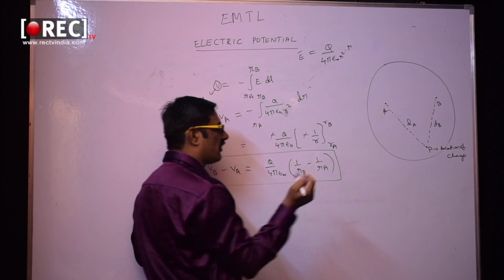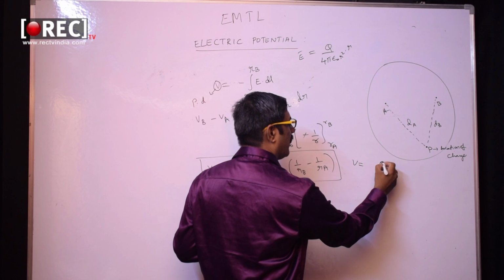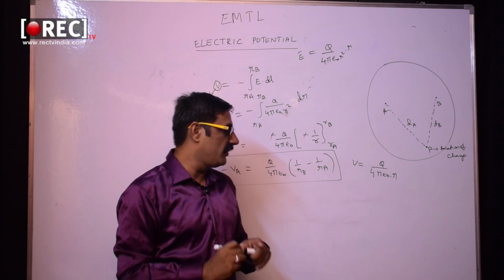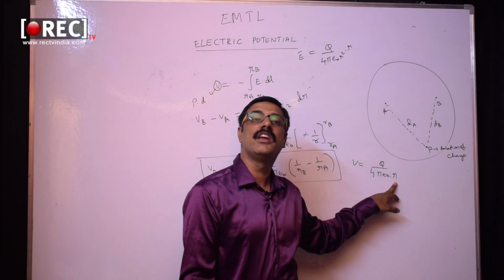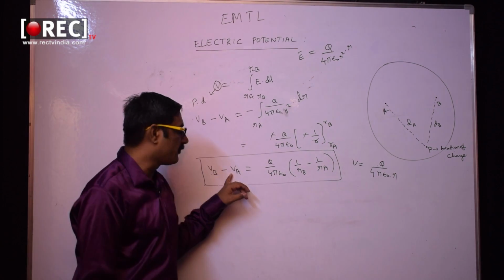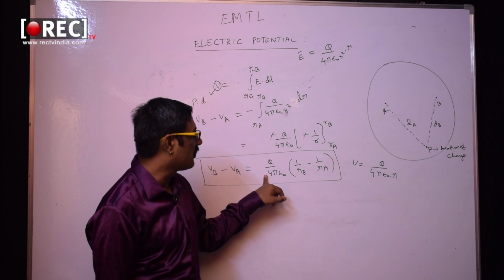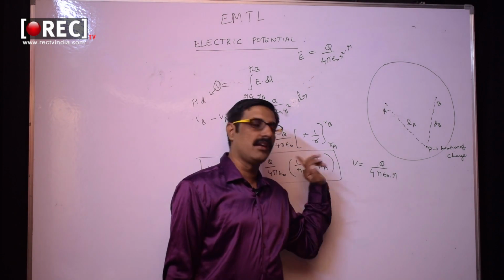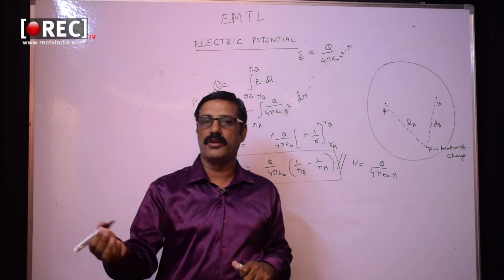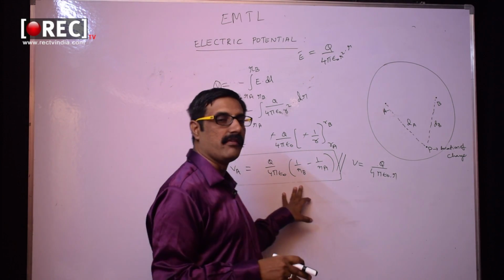So I can say the general formula for potential at any point is Q by 4 pi epsilon naught into R, where R is the distance between the location of the charge and the point where we are interested in determining the potential V. In general, the formula for potential difference is VB minus VA equals Q by 4 pi epsilon naught into 1 by RB minus 1 by RA. This formula is very useful in solving the problems which we are going to do in the forthcoming problems. Now let us do one or two problems.